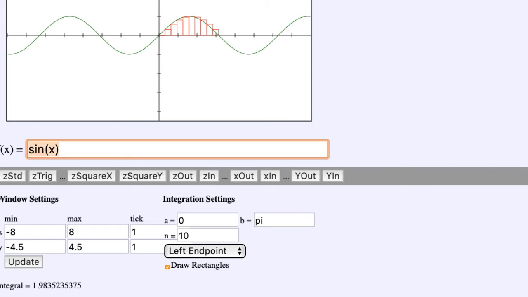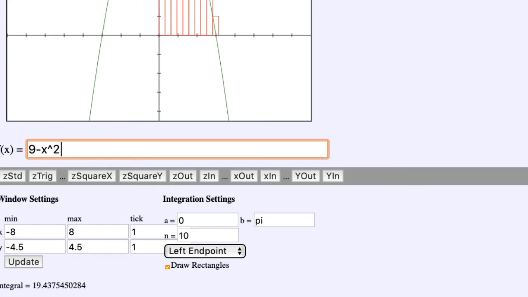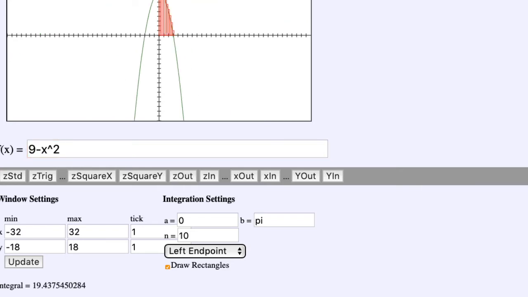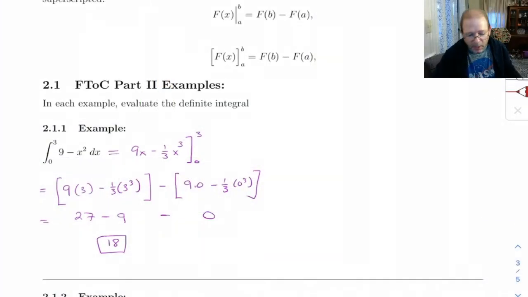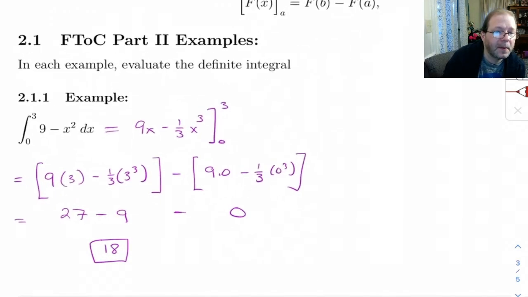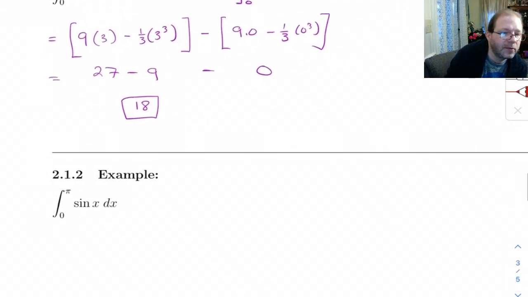All right, if I put in 9 minus x squared, and if I go from 0 to 3, and right now I'm using 10 rectangles, using 10 rectangles, it gives me 19.3. If I up my number of rectangles, you can see that it is getting closer and closer to 18. So that corroborates it. All right, let's do some more examples.